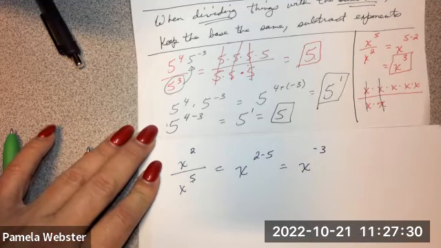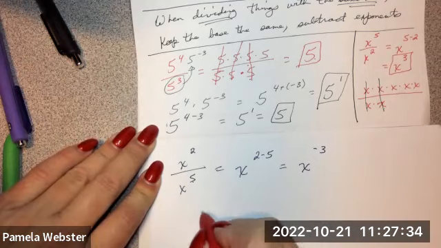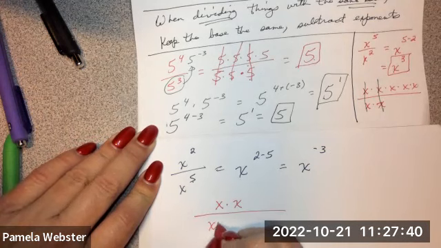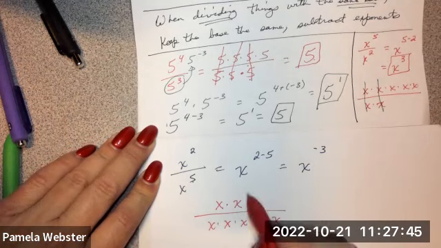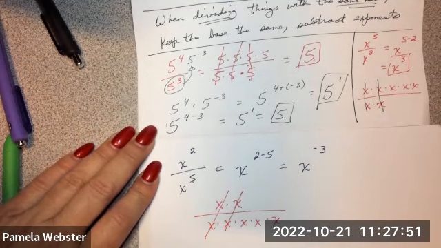Okay. So the math behind that, what's going on with the x's, is it looks just the opposite of what I just did here, right? I've got x times x on the top, and on the bottom, I've got x times x times x times x times x. And 2 of those will go away. Now they go away, but x divided by x is really a 1, right?